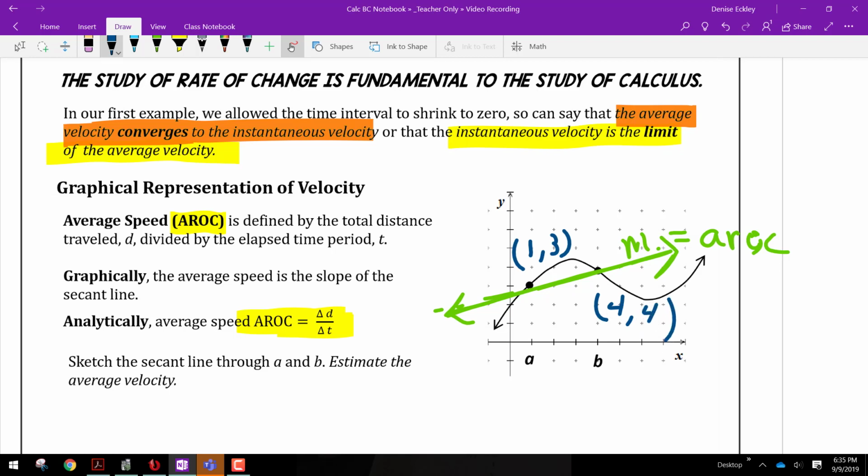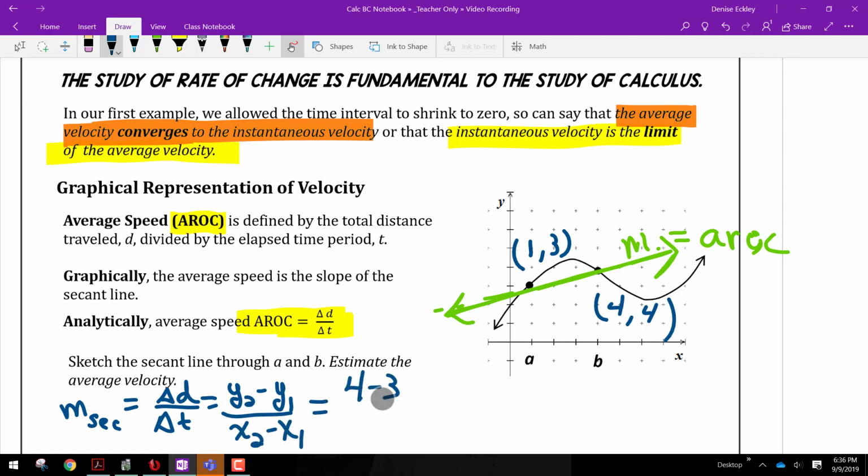So using that, we're going to do the slope of the secant line, which is equal to the change in d over the change in t, or y2 minus y1 over x2 minus x1. So that's going to be 4 minus 3 over 4 minus 1, and we get 1/3.